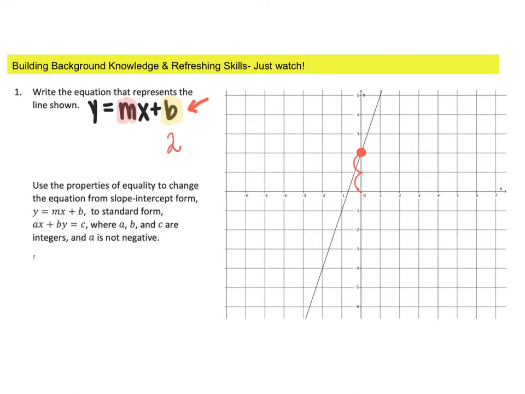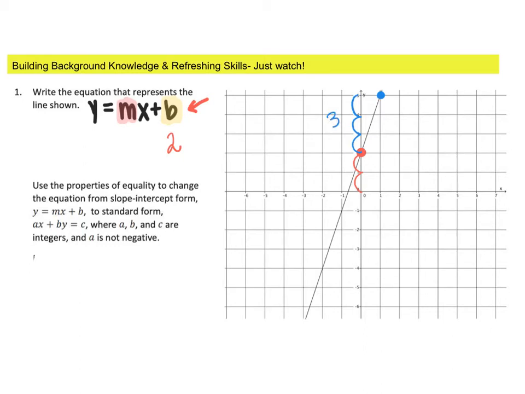From there, I'm looking for my slope. To go from this point to the next point on the right side of my graph, how many am I going up? How many am I going over? Well, I see a point right here. What's my rise? Rising 1, 2, 3.